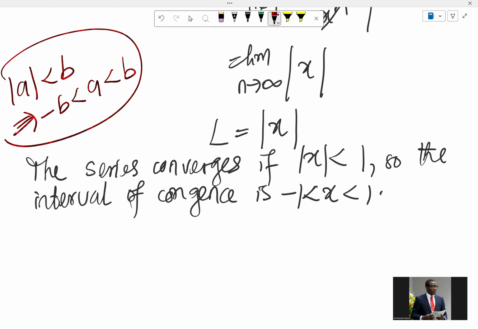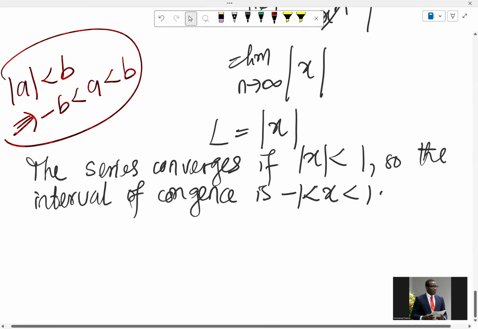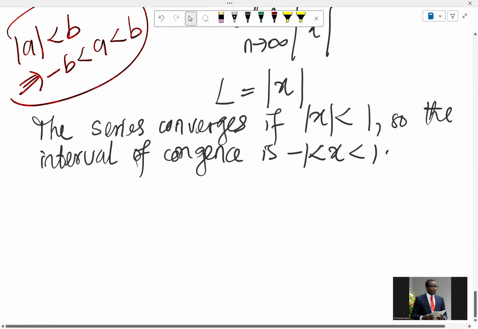Okay, so let's talk about the application of this one. So what's the application of geometric series?